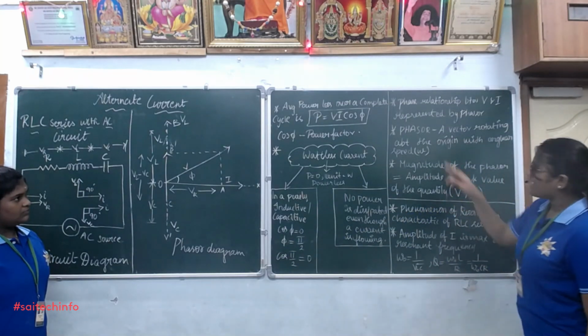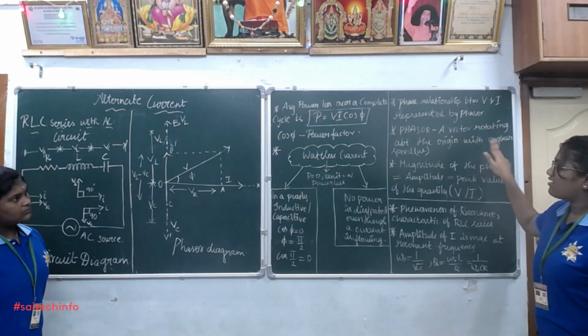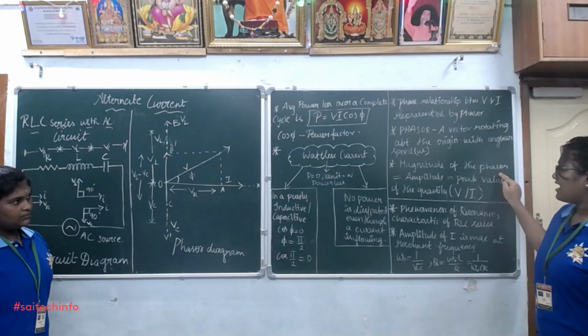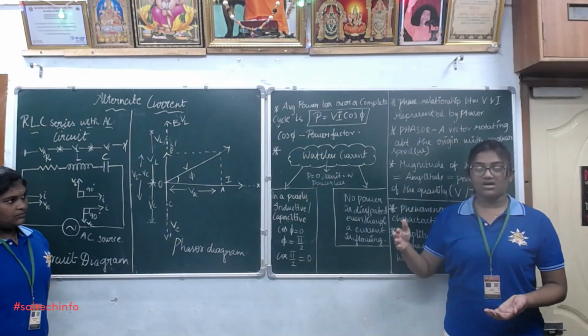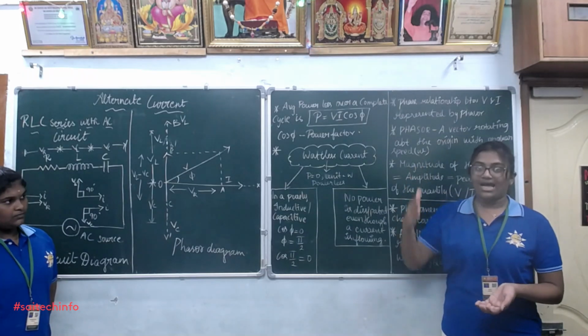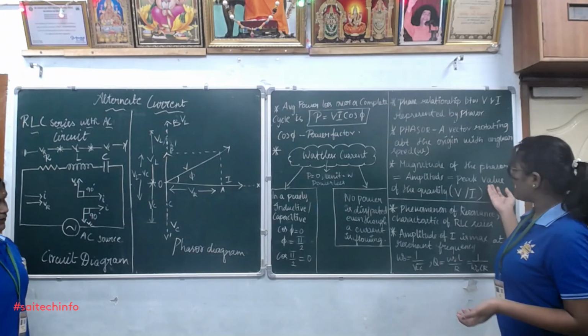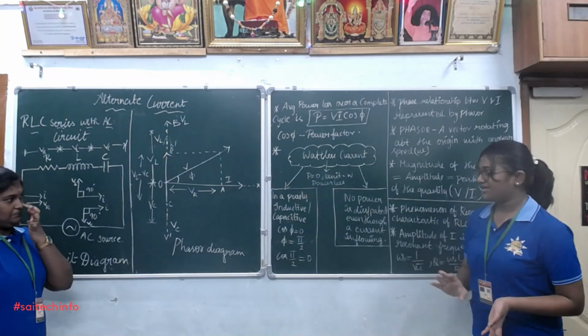A phasor is a vector rotating about the origin with angular speed omega. The magnitude of the phasor is equal to the amplitude. Amplitude is nothing but the peak value, which can be either voltage or current.